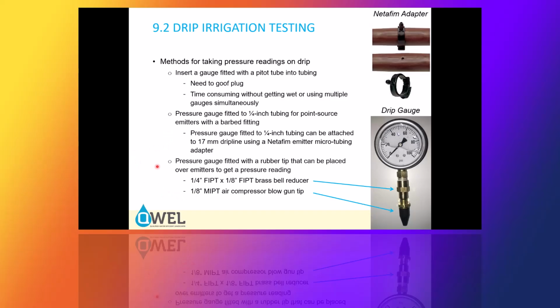Or a third way is to use a pressure gauge fitted with a rubber tip that can be placed over emitters to get a pressure reading. In this case, it's a 1/4 inch FIPT by 1/8 FIPT brass bell reducer, and then you put it over a 1/8 inch MIPT air compressor blowgun tip. Then you can put that rubber tip over the emitters to get a pressure reading.